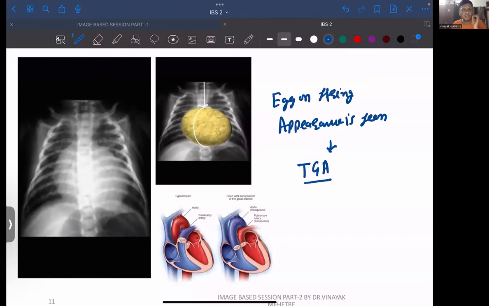What does transposition of great arteries mean? Which great arteries are there? There are two: arch of aorta and pulmonary trunk.